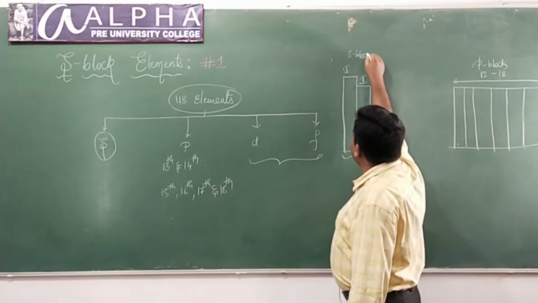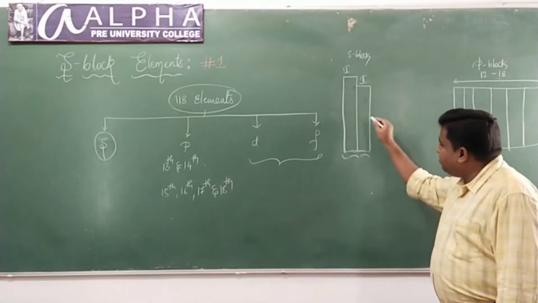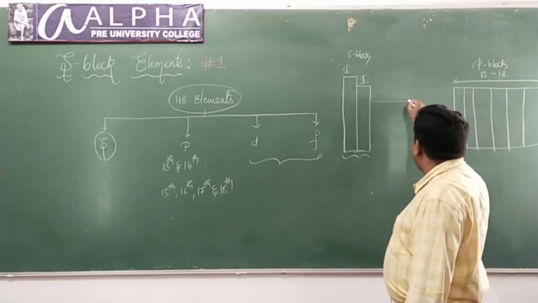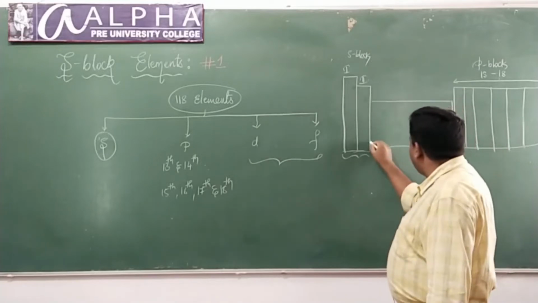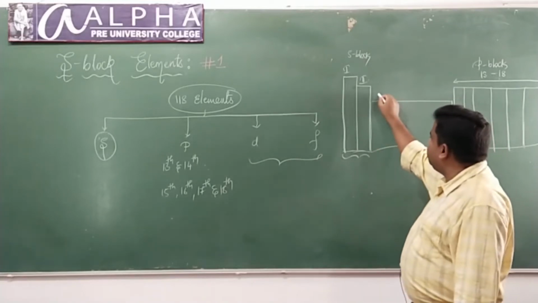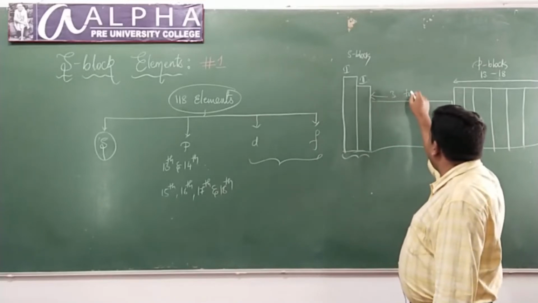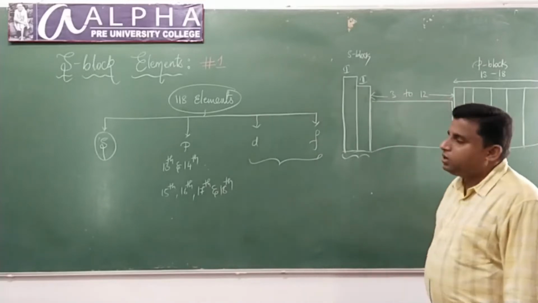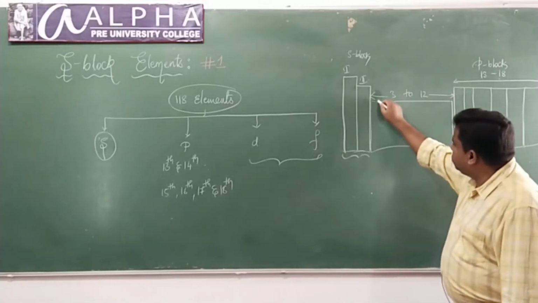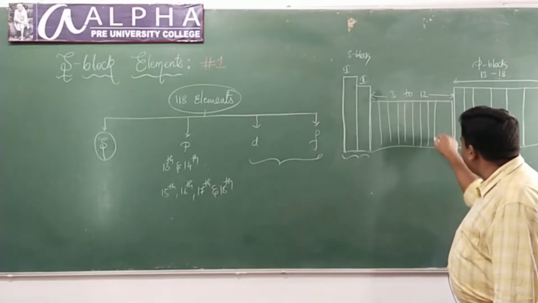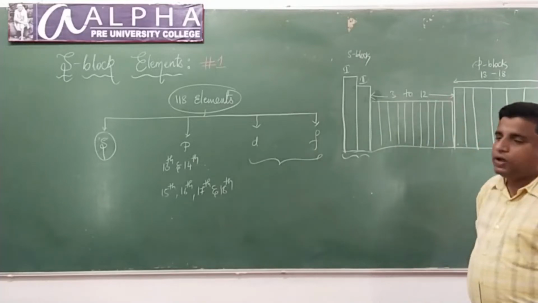In between the S block and P block we have a set of 10 groups, from group 3 to group 12. Group 3, group 4, group 5, group 6, group 7, group 8, group 9, group 10, group 11 and group 12.